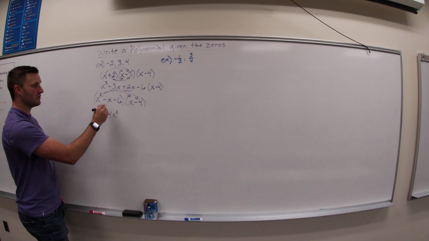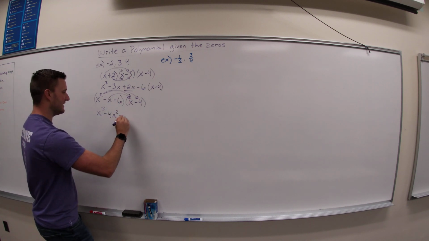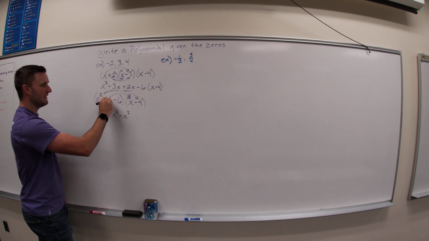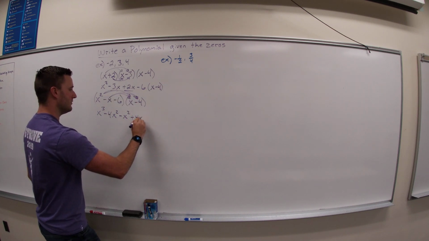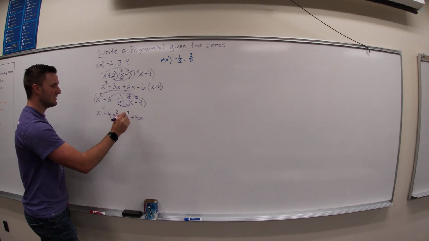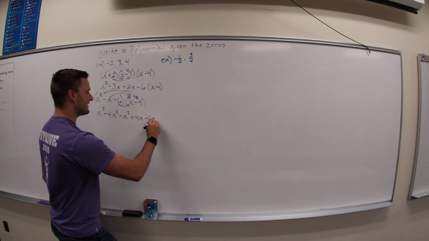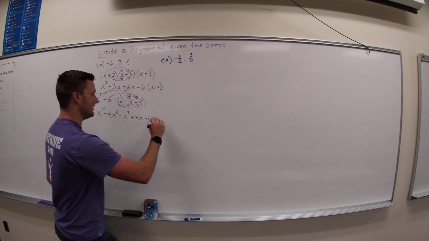Now we go to our second term. This -x times x is -x squared. -x times -4 gives me a +4x. And finally, our last term, -6 times x would be -6x. And then finally, negative times negative gives me a +24.